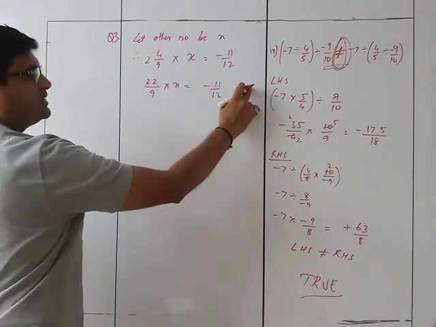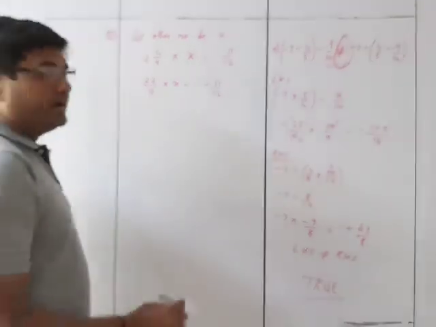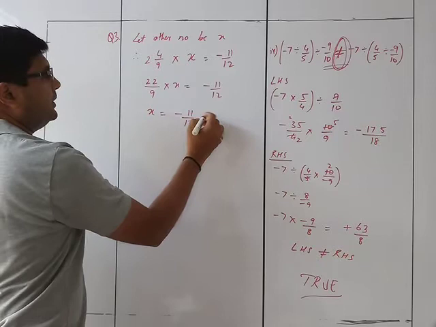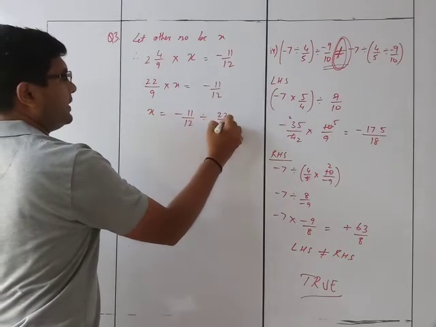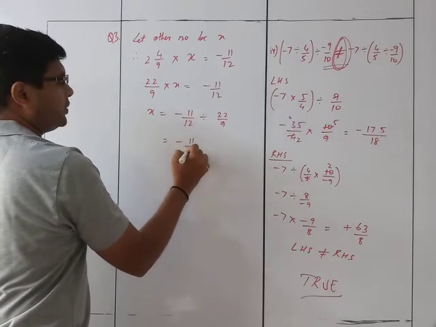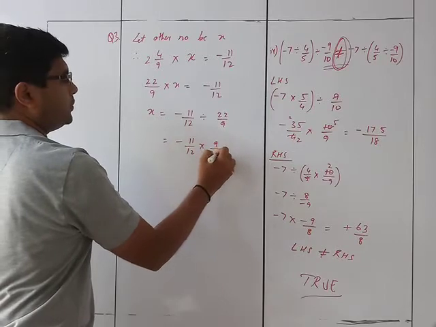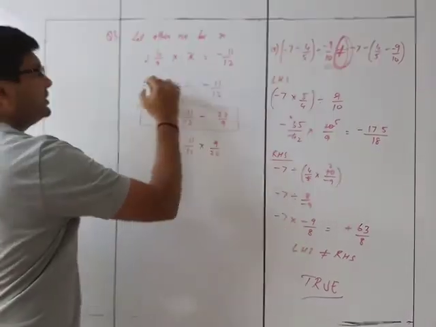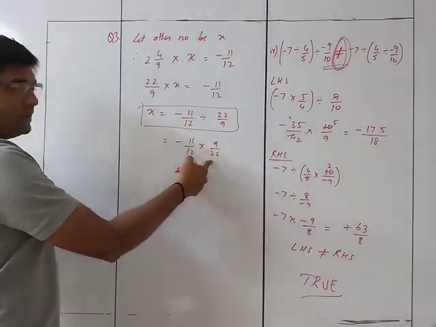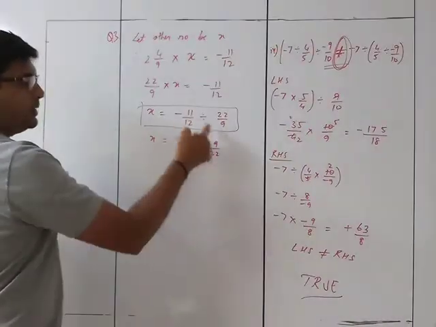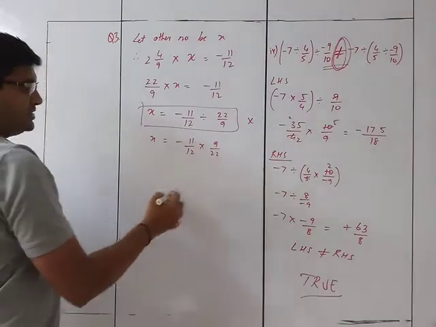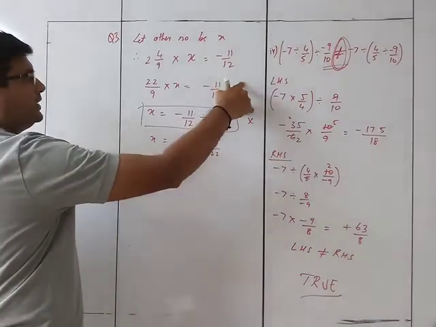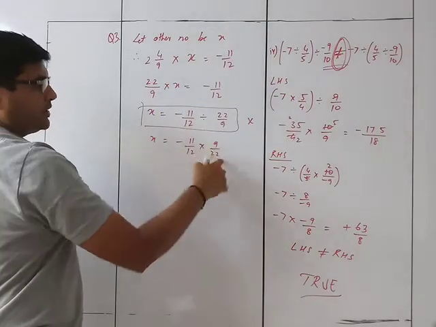Now this goes on this side, the multiplication becomes division. So x is equals to minus 11 upon 12 divided by 22 upon 9, that makes it minus 11 upon 12 into 9 upon 22. You may skip this step if you already understand that 9 goes here and 22 goes here. This step can be skipped, because the denominator becomes the numerator here and the numerator becomes the denominator over here.